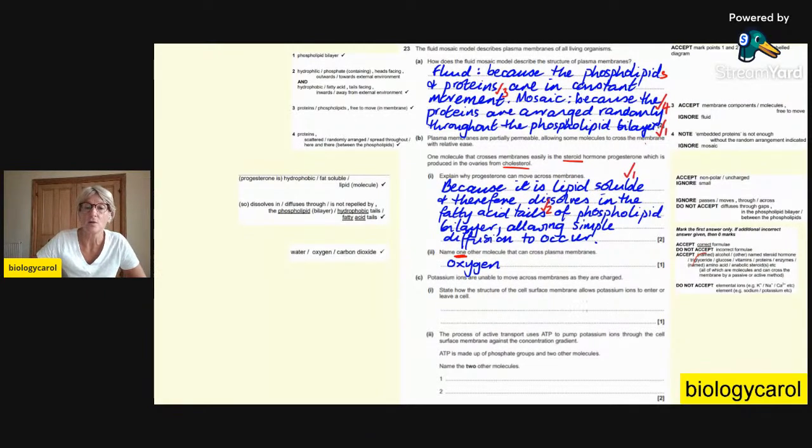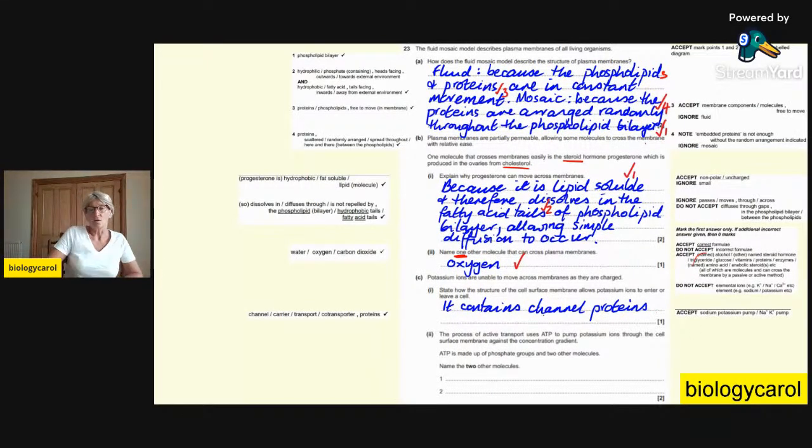Well, that's because potassium ions are moved as a result of channel proteins in the cell. Oh, I got that right. So the membrane contains channel proteins. And there is your options, and here is also what was allowed, all fairly reasonable.